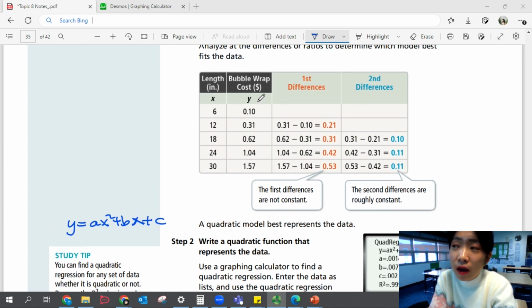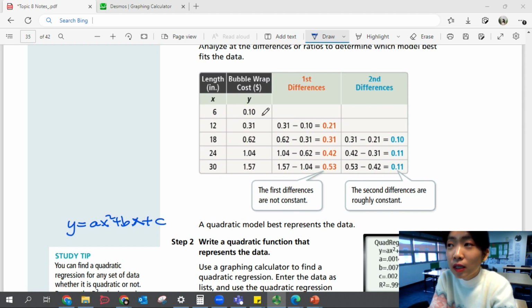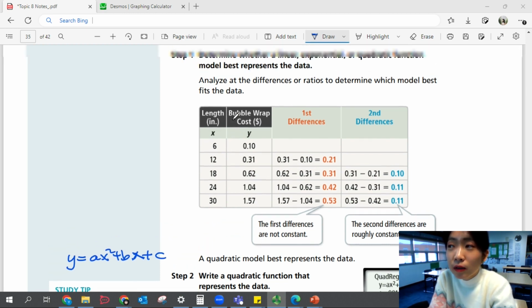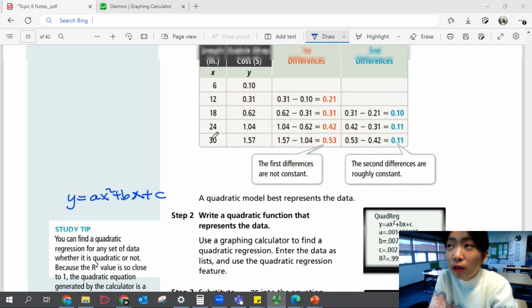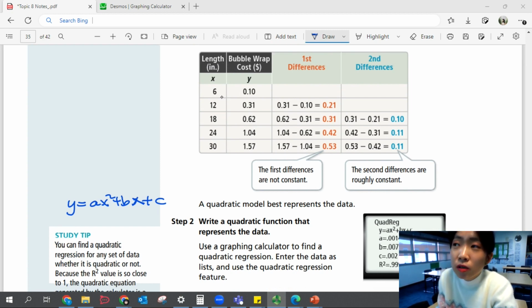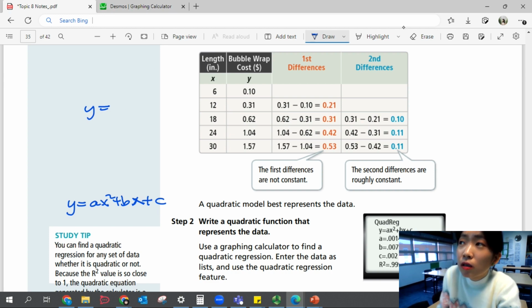So if you can figure out the vertex, that'd be great. But in this case, we can only estimate that the vertex is going to be when x is equal to 0 or smaller than 6, right? So just pick 2 points. If you plug your values of x and y into the equation, you'll get some equations with different values of x and y.